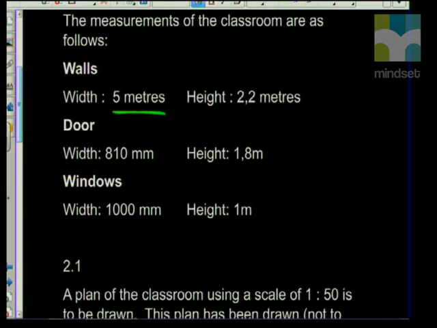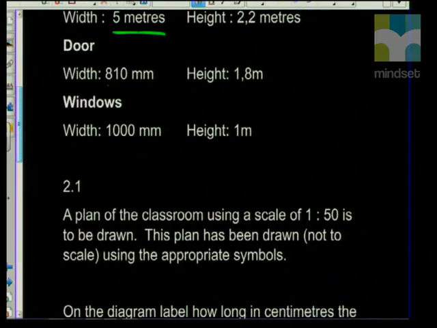And then the height of the walls is 2,2 meters. So that would be from the floor to the top of the building. Your door has a width of 810 millimeters and a height of 1,8 meters, and your windows are 1,000 millimeters in width and a height of 1 meter.